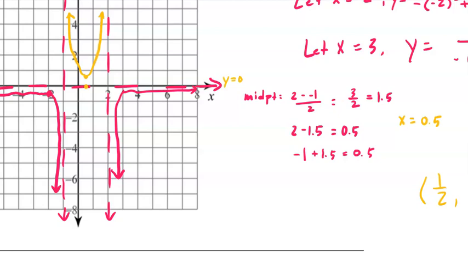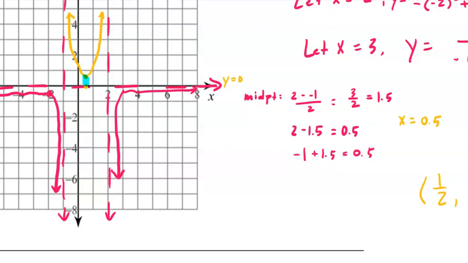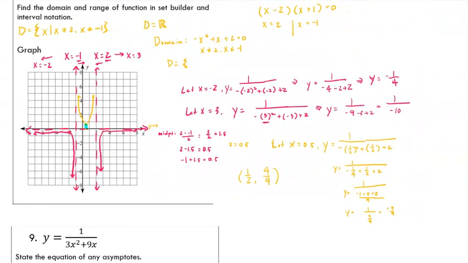But if you look at the range, this area right here, between 0 and 4/9, is not being used. So you have to express that in the range. So your range is now going to be y such that y is less than 0, or y is greater than or equal to 4 over 9.